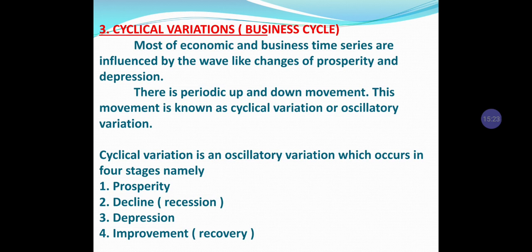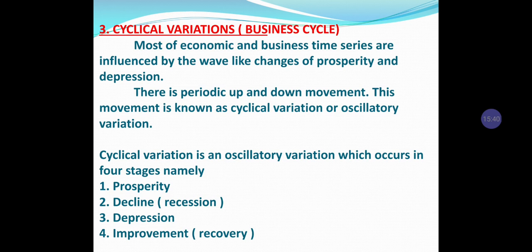Cyclic variation is an oscillatory variation which mainly occurs in four stages: prosperity, decline, that is a recession, then depression, then again improvement, recovery.